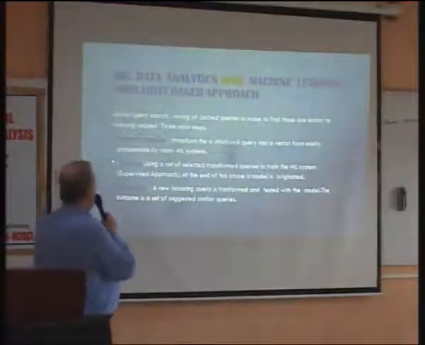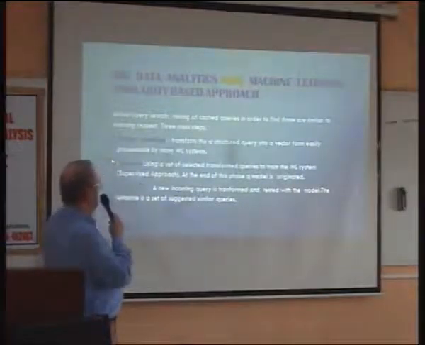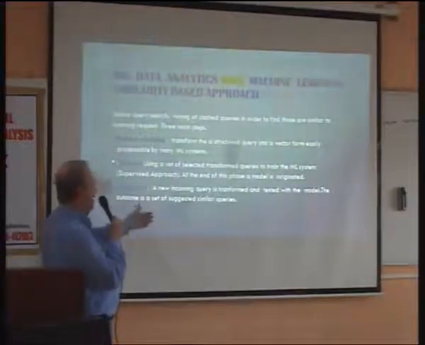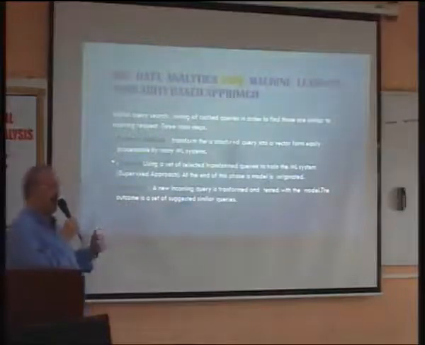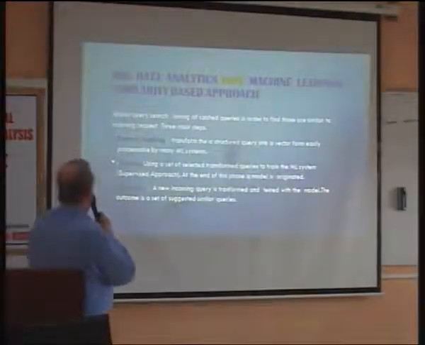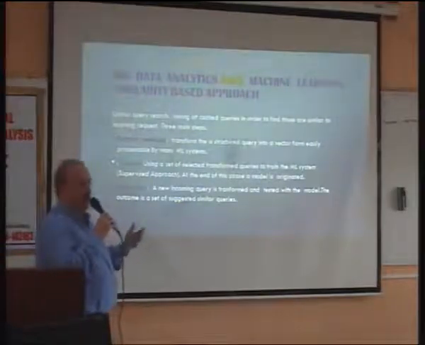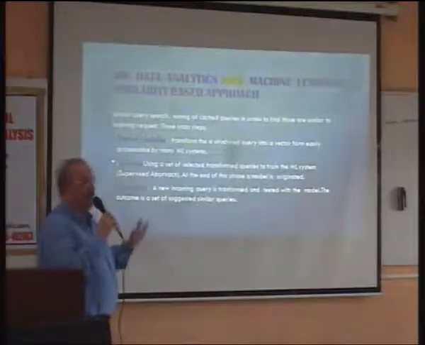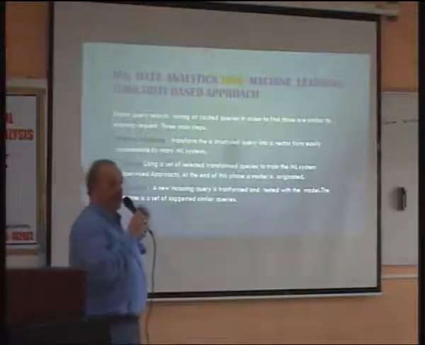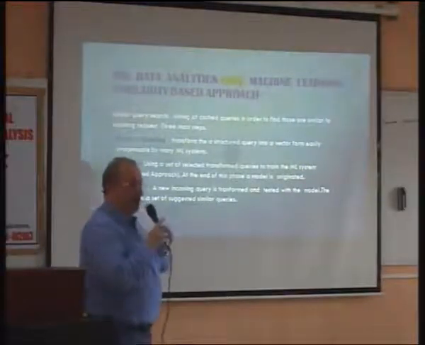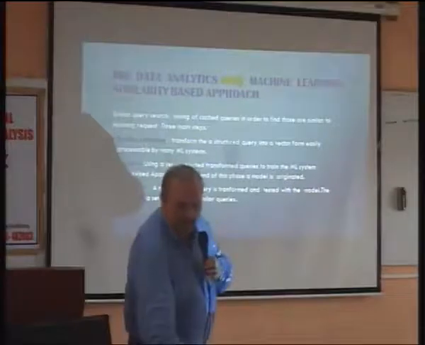Training uses a set of selected transformed queries to train, and the remaining part is used to test. And the last is suggestion. Suggestion is equivalent to the rule extraction that Professor Pasardani described in the previous lesson.